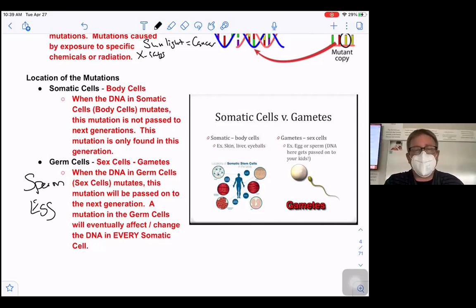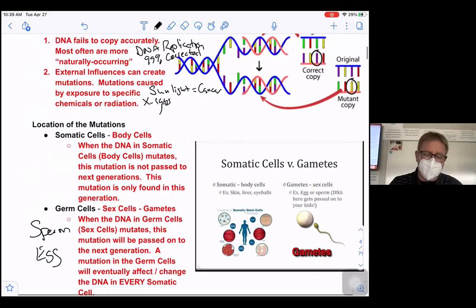Well, mutations again can be random, right? Mutations could be through exposure to sunlight, X-rays. X-rays are kind of the big one when we start talking about germ cells, right? But a lot of times, especially when we're talking about germ cell mutations, it's actually just more of a natural process than anything else.